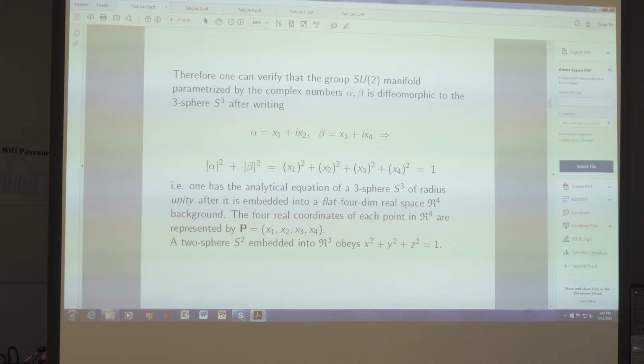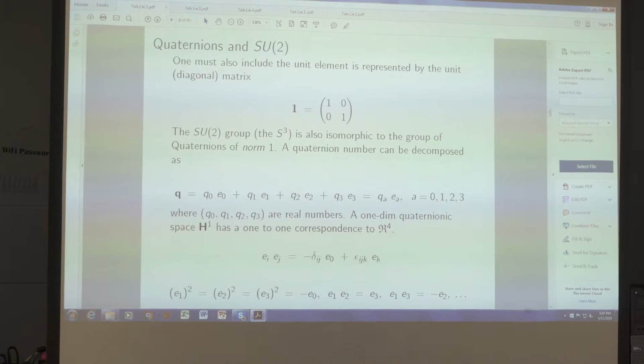Okay? So the unit norm has to do with, yes, quaternions. It's a norm 1 quaternion, okay? So the 4 real coordinates of each point are represented by the coordinates. For example, a 2-sphere embedded in R3 obeys this equation. A 3-sphere embedded in R4 obeys this equation, okay?